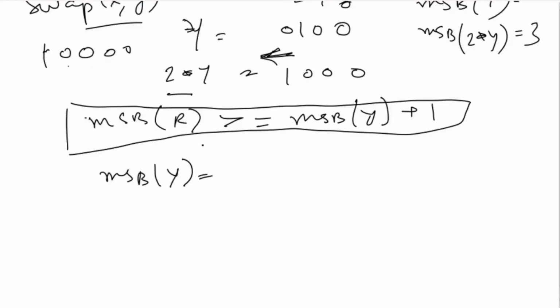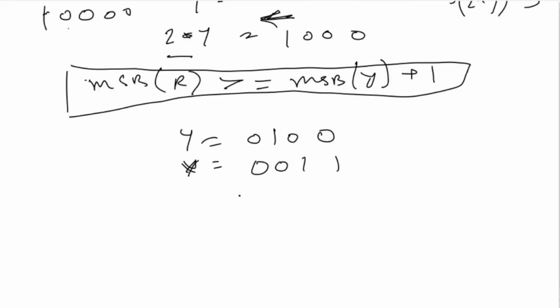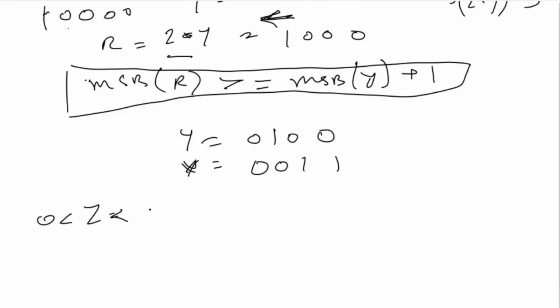Our y is 010 and our x is some number less than y, so it will be 011. Now our z can be between 0 and R, where I'll take R equal to 2 into y. So our z should be in this range.